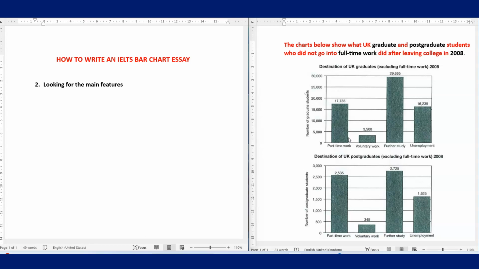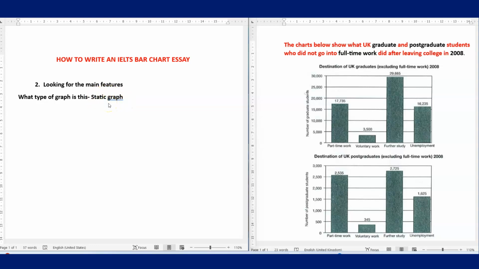So it's only one particular year. For that reason, we know that our graph is a static graph. So when you are looking for the main feature, that is the first thing you need to ask yourself: what type of graph am I looking at? And we know that this is a static graph.